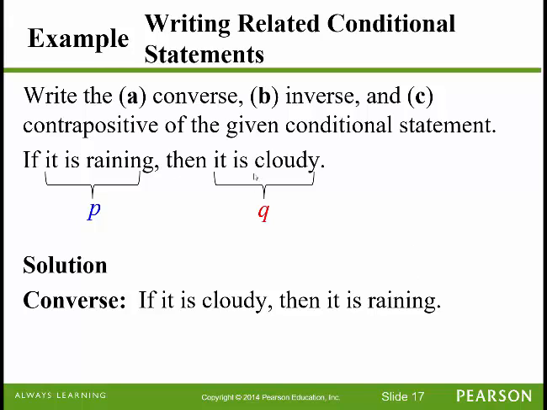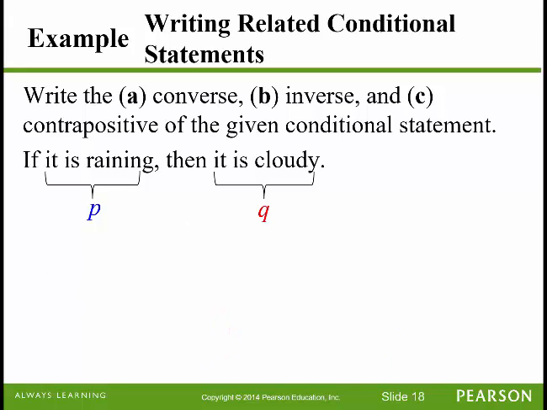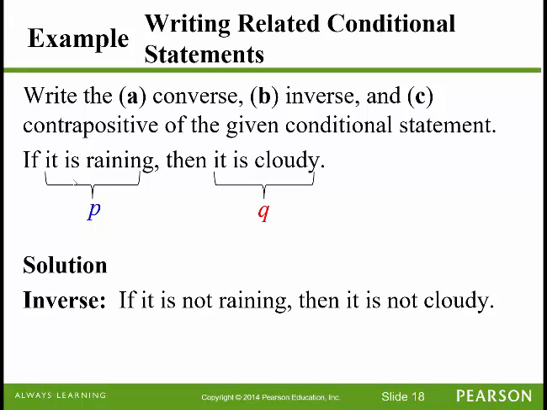I just flipped the it is cloudy and it is raining. My P and Q got flipped here. Let's do the inverse. The inverse negates these. So the inverse is if it is not raining, then it is not cloudy. I took my P and Q and I negated them.